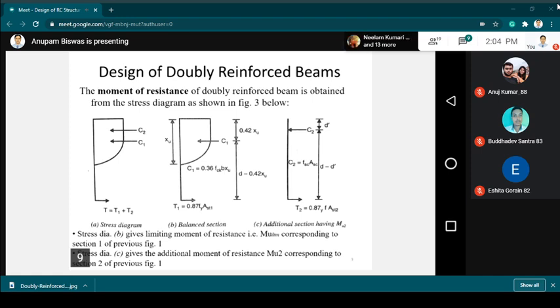So the remaining distance below C1 is equal to D minus 0.42 XU. And this value of C1 is actually 0.36 FCK B XU. This is the corresponding value of stress at the distance 0.42 XU.